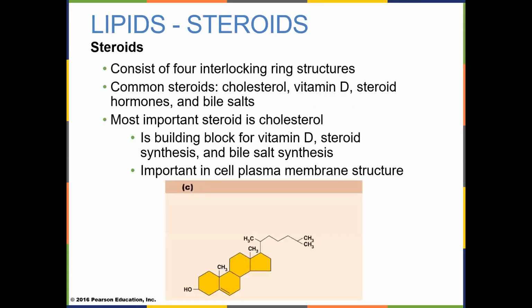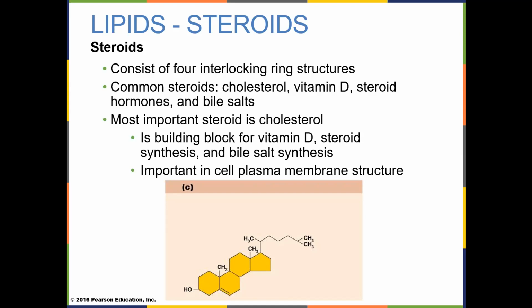Third category, the steroids. Steroids are made up of a 4-ring structure that are linked together, and they're all derived off of cholesterol. That's what we see here in the picture, that's cholesterol. Vitamin D is also a steroid derived from cholesterol.